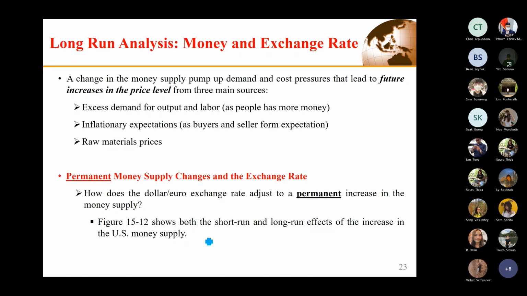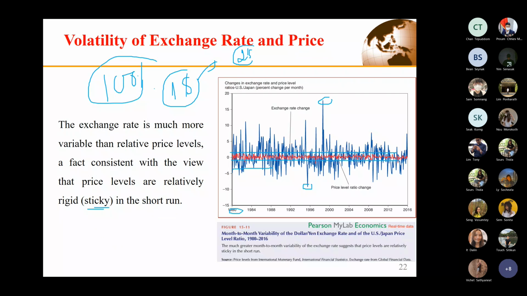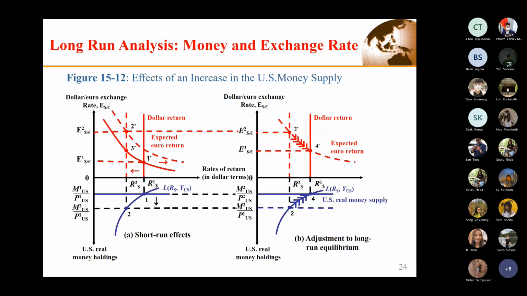So let's see what happens. Let's look at this chart together. But now we allow price to change. So let's begin everything at point one here. At point one, the money market is in equilibrium. The money supply is M1, the price is P1, and the interest rate is R1.